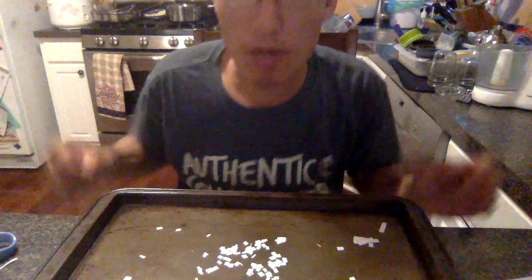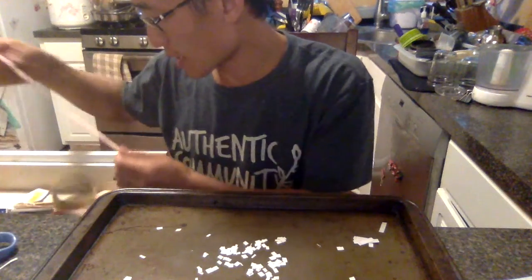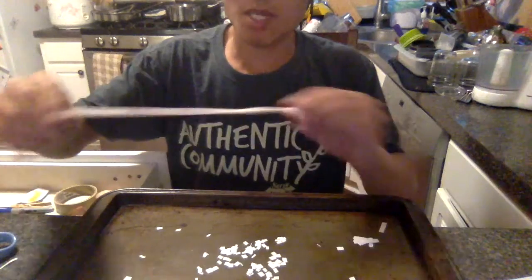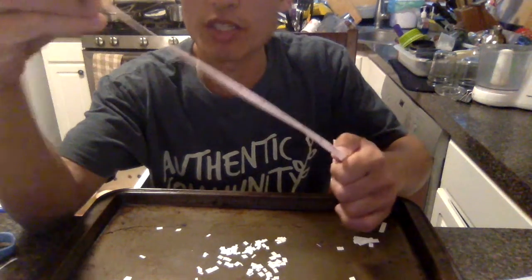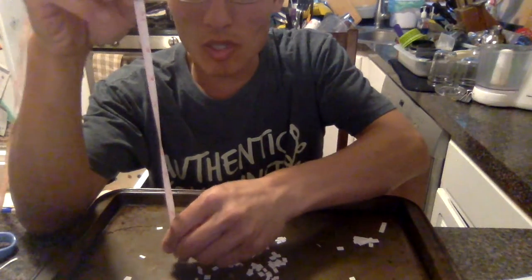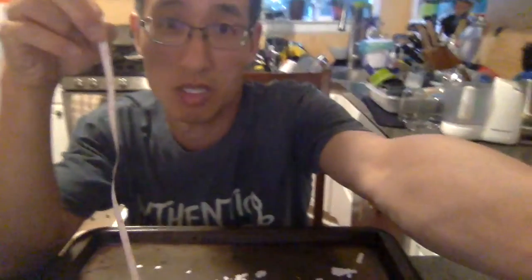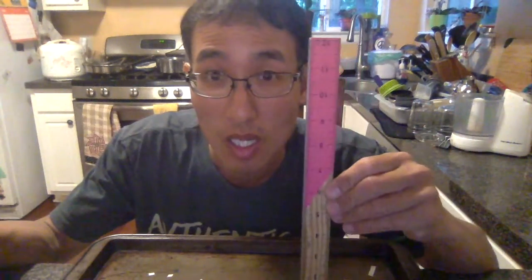A standard sheet of paper is 11 inches, but if you have a tape measure or whatever, you want to try to get about 10 inches of distance, okay? Hang on a second, I'm going to be right back and try to find a ruler. Okay, we got a ruler now. This one goes to 10 inches.